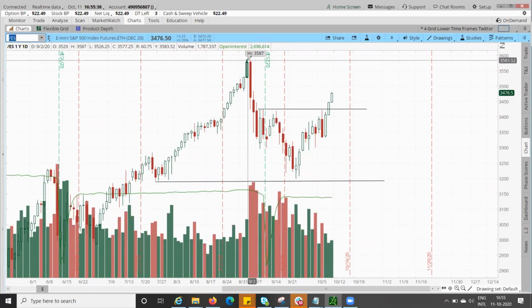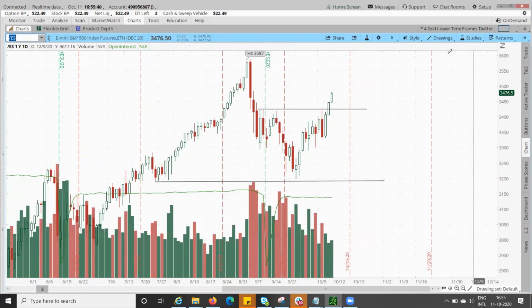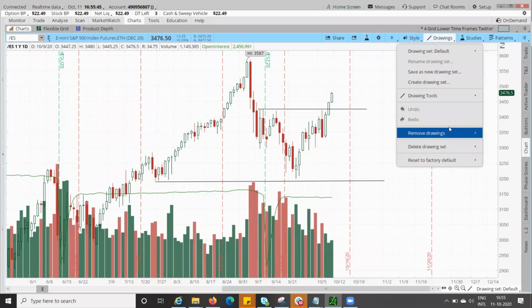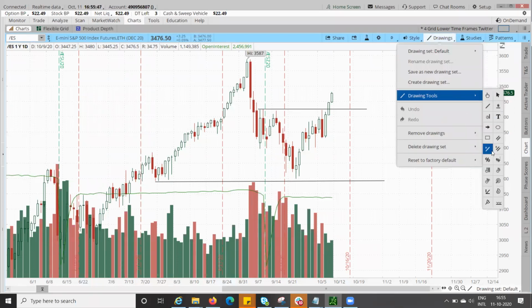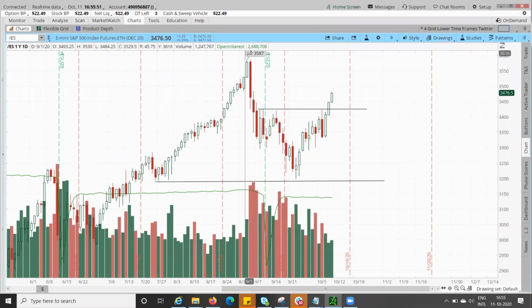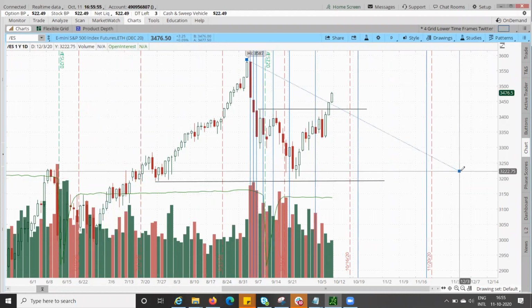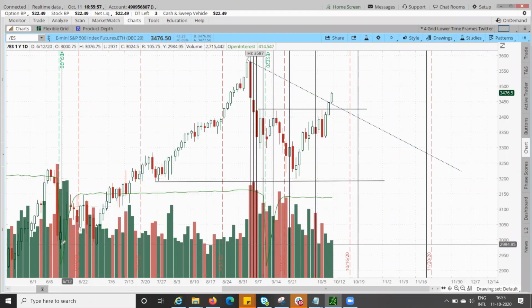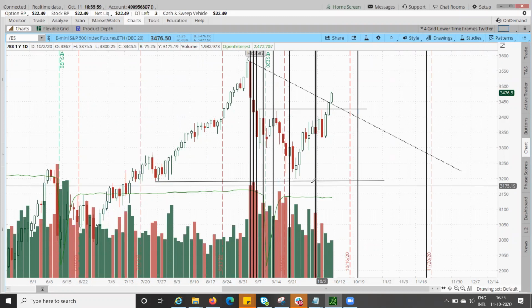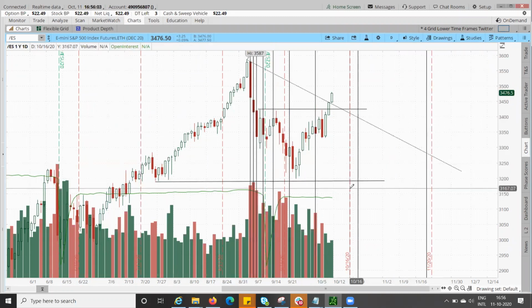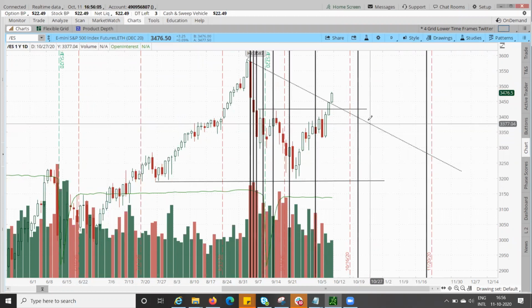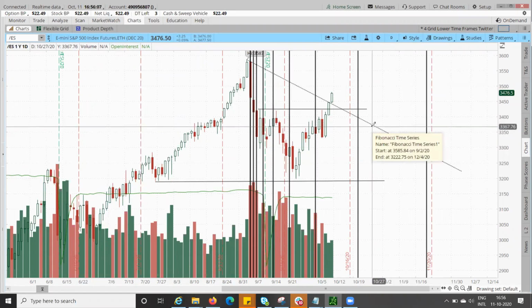High to low. Yeah. There's one more tool, which is Fibonacci time extensions. This is really interesting if you want to use it. It tells you at what time interval from high to low there is an expected increase or decrease.